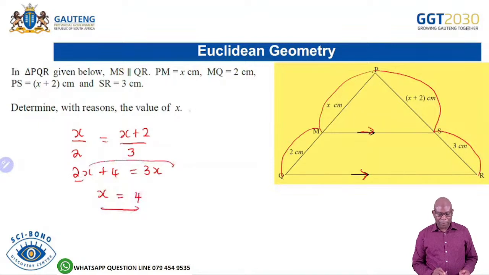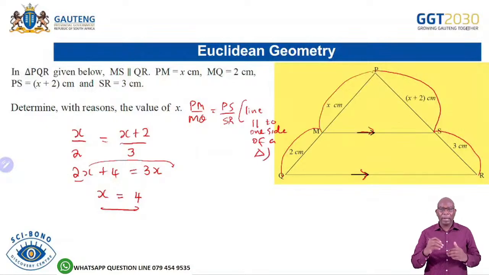But now remember, with reasons, so I must then write PM over MQ equals PS over SR, and the reason is: line parallel to one side of a triangle.